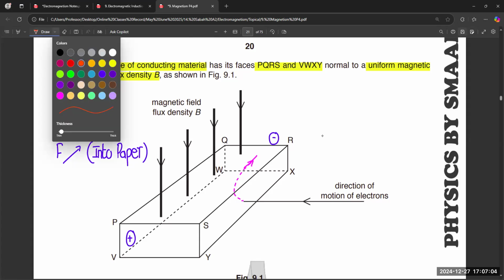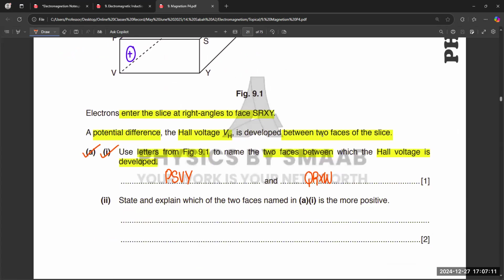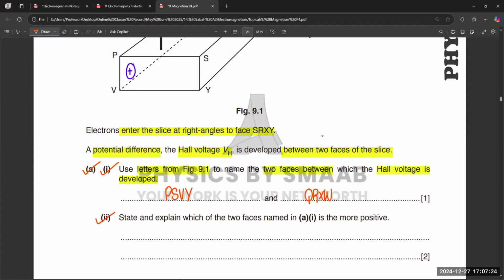Okay, so we identified the faces in which the electrons deposit. The next part is: state and explain which of the two faces named in A1 is the more positive. We already marked that PVSY becomes positive. Electrons accumulate on the other side, so PVSY is more positive.